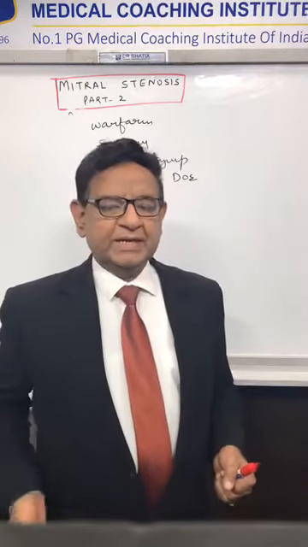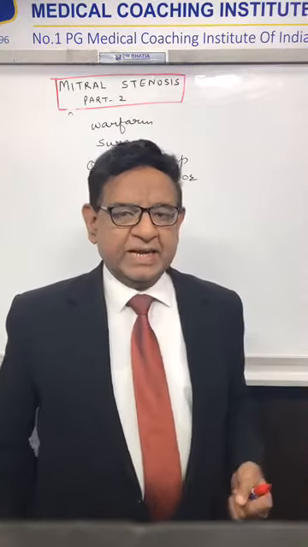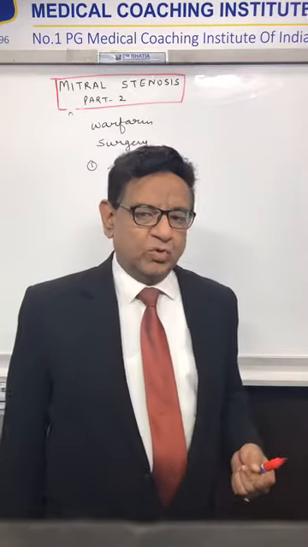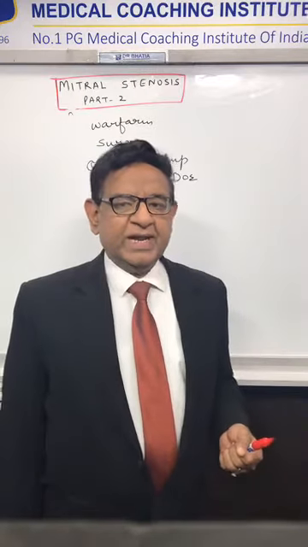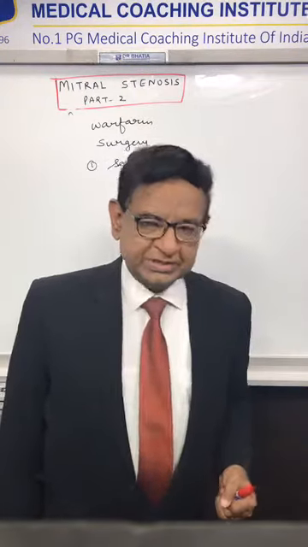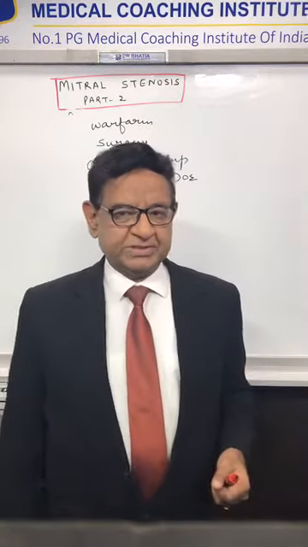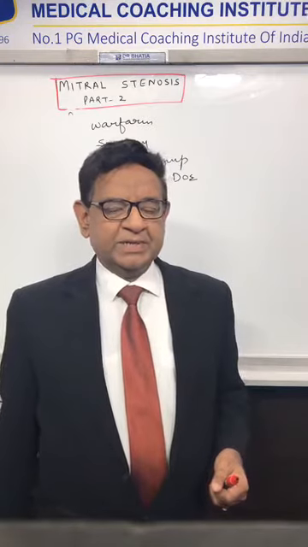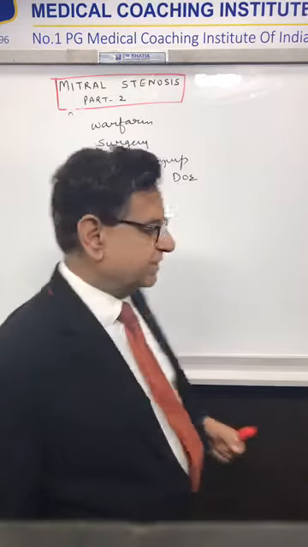What do you mean by grade 3 dyspnea on exertion? The patient says, I feel breathlessness only on doing my daily activities, like taking a bath, eating food, going to the toilet. This is grade 3 dyspnea. Grade 4 dyspnea is when the patient has dyspnea at rest. If these are not being controlled by medication, you plan for surgery.